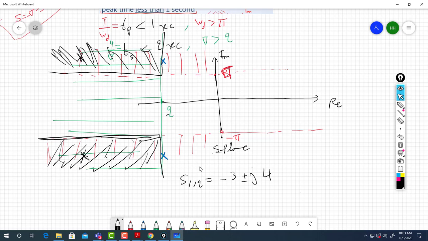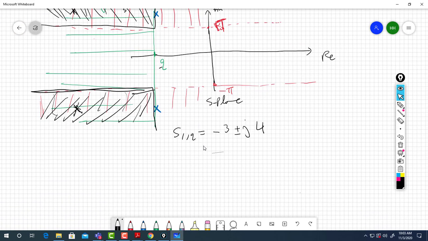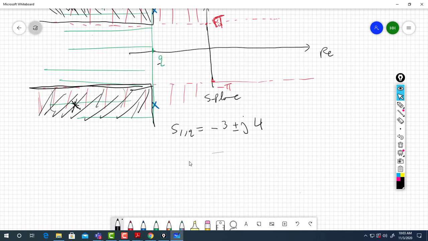Then those two poles satisfy your requirement. So assuming you have your closed loop transfer function, which is a function of Kp and Ki as in the example we found, the characteristic equation will be (s minus s1)(s minus s2).